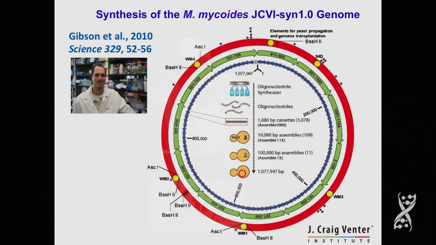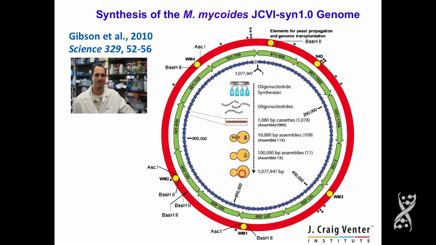So the next thing we did was to put this whole genome together. And once we had it together, by synthesizing in several stages, starting with oligos going to 1 kb pieces, 10 kb pieces, and then the whole genome, the whole genome is assembled in yeast.